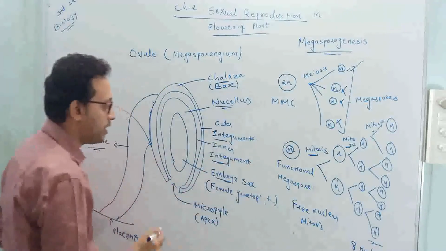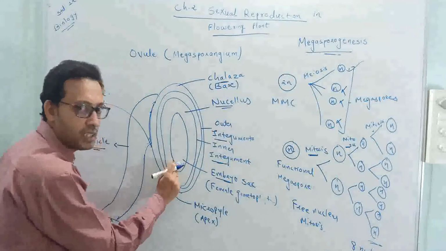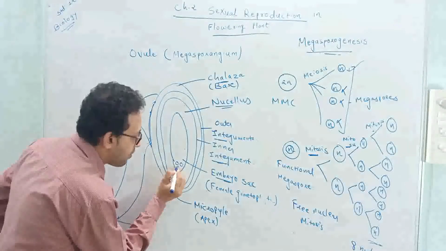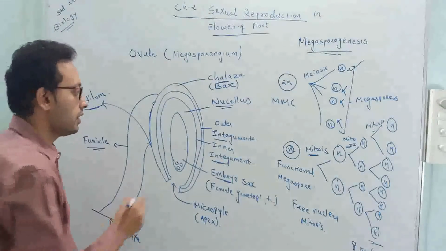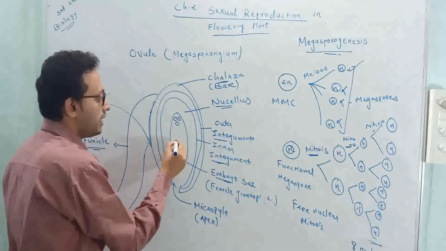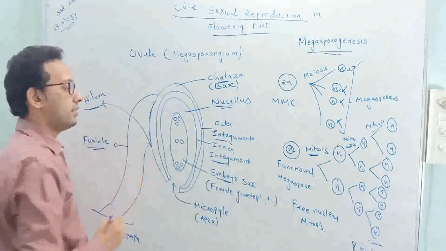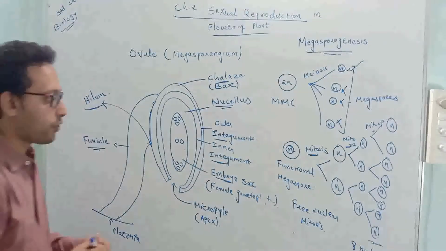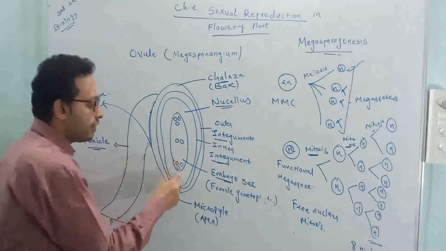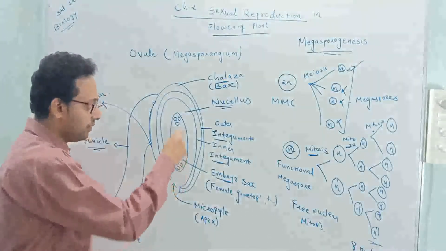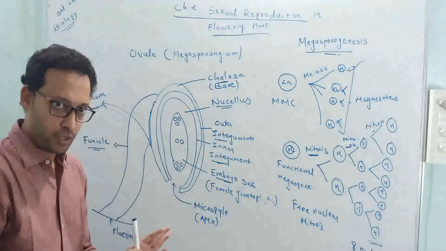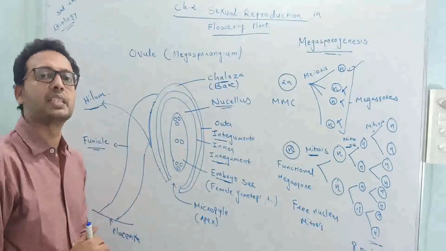Remember, each one has a haploid number of chromosomes, but I don't have space here to write. 3 nuclei are arranged at the micropylar end, 3 are arranged at the chalazal end, and the 2 nuclei remain in the center. Total 8, finished.